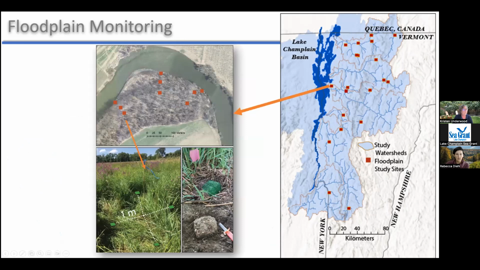And so what we did in 2019 was we established 20 monitoring sites to track the amount of total phosphorus deposited on floodplains. Each monitoring site, shown here as red squares, consists of a series of what we call turf mat plots. And that's shown in an example here on the picture on the left, where these orange squares at a site, this is actually along the Winooski River at the Intervale, are each a plot.